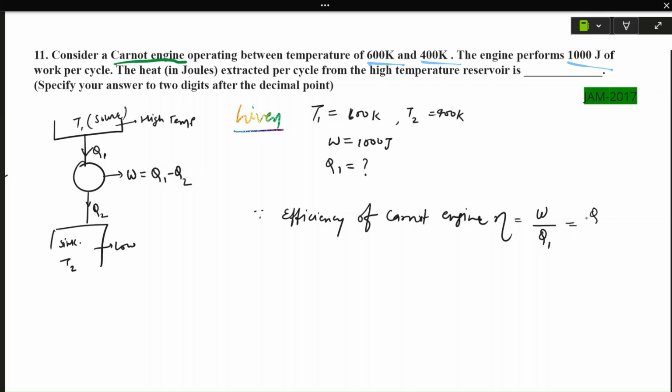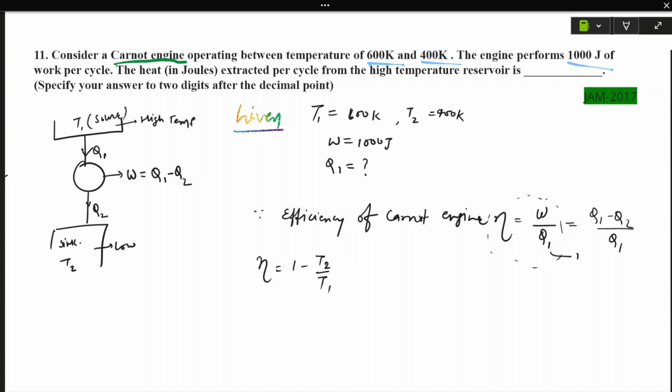We can also write it as Q1 minus Q2 by Q1, but here I only use W by Q1. And we also know that efficiency is equal to 1 minus T2 by T1.